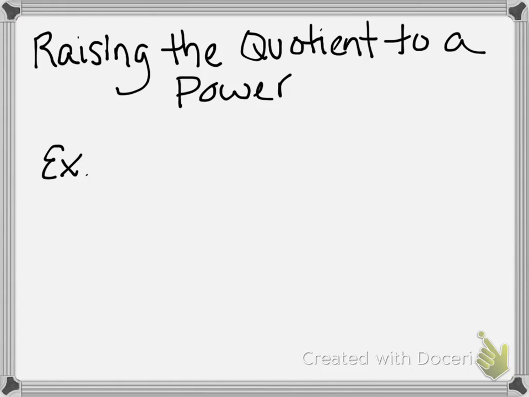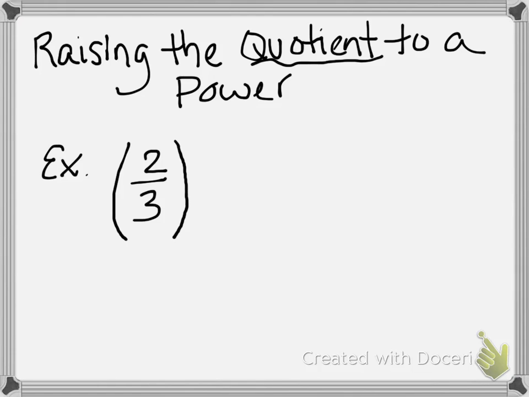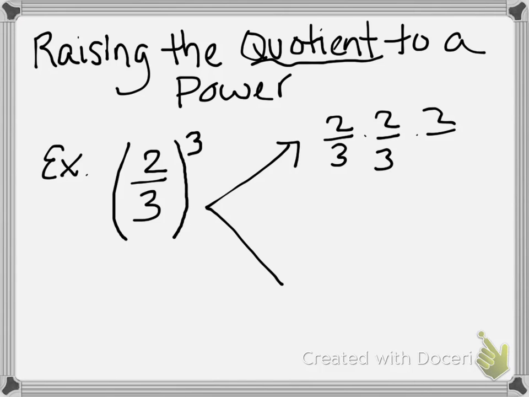So if I have 2/3, the quotient means the answer to a division problem. So if I have 2/3 and I have parentheses that go around the 2 and the 3, from the top of the numerator to the bottom, and I raise it to the 3rd power, you can think of that two different ways. You can think of it as 2/3 times 2/3 times 2/3.